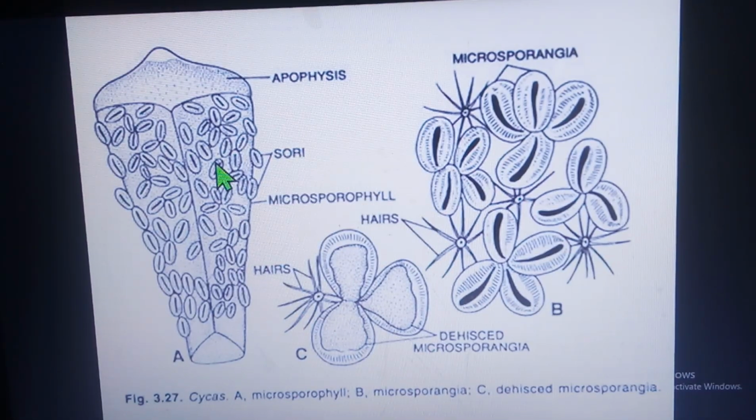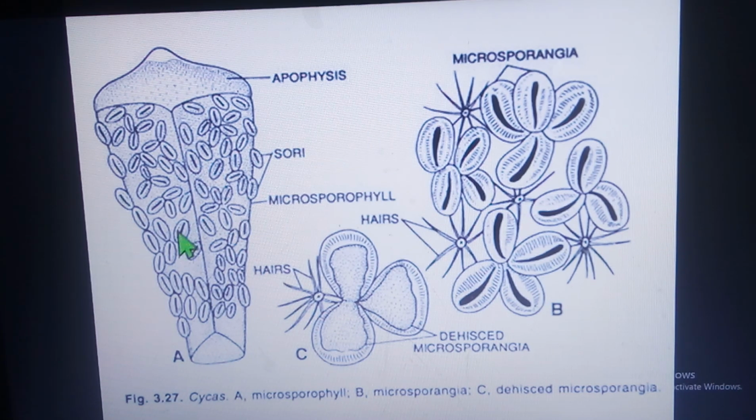Now if we take a look at these microsporangia, there is a distinct median sterile ridge on the lower abaxial surface of the microsporophyll. Each microsporophyll bears a large number of microsporangia, borne on either side of the ridge.